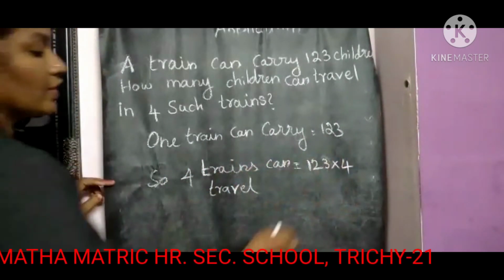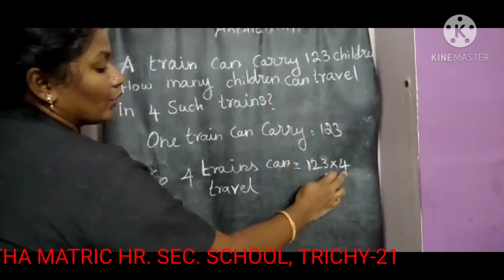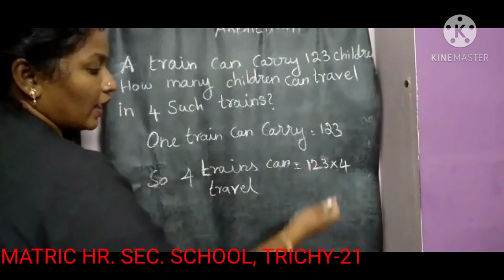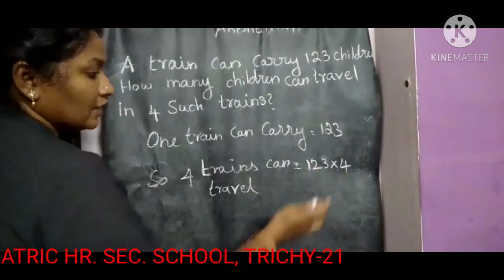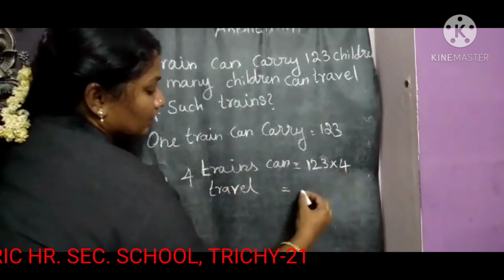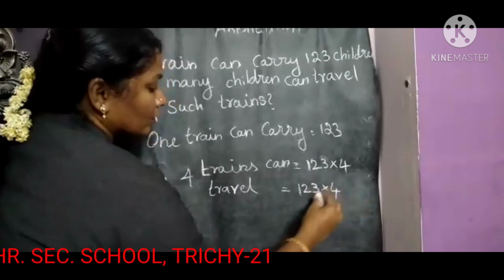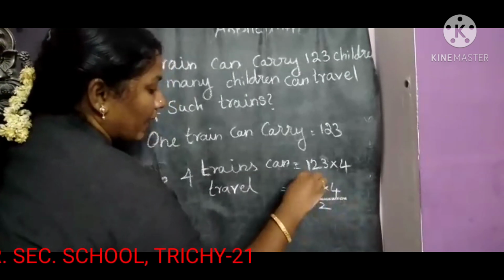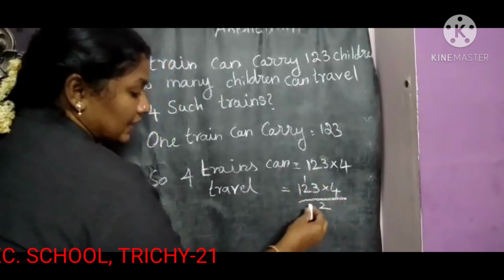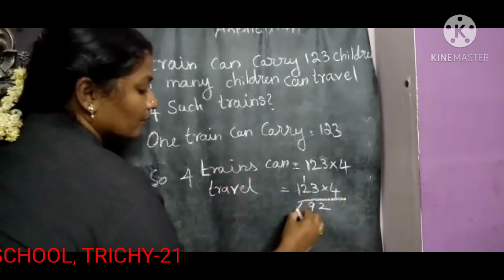So first, 123 multiplied by 4. In the sum you are going to use the 4 table. So 4 3s are 12, 4 2s are 8, 4 1s are 4. 123 multiplied by 4: 4 3s are 12, balance 1, 4 2s are 8, 8 plus 1, 9, and 4 1s are 4.